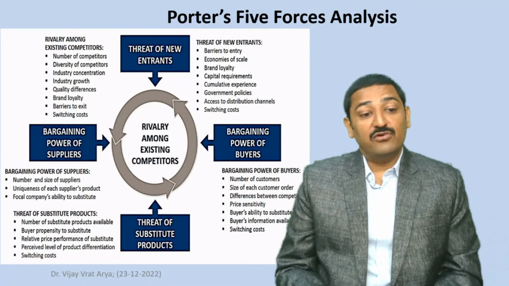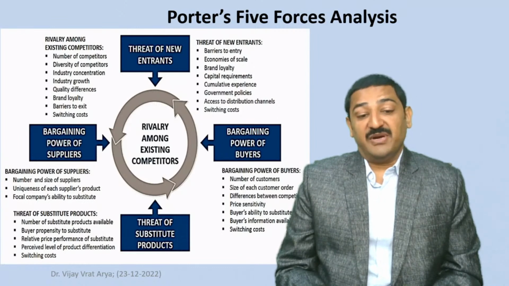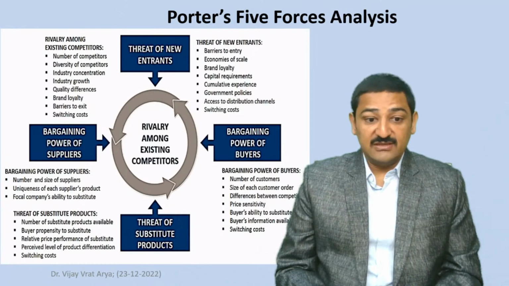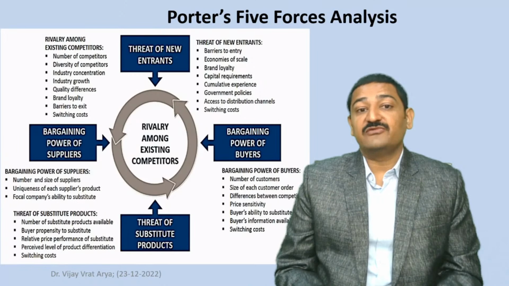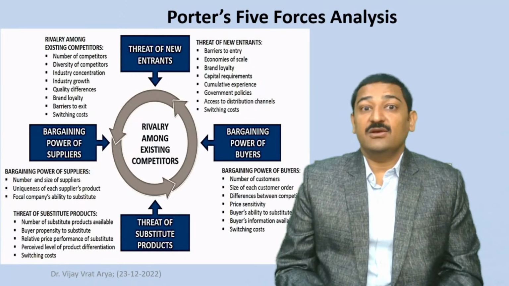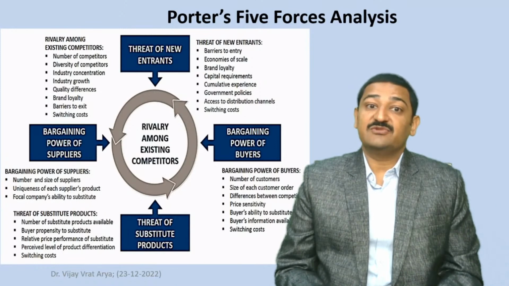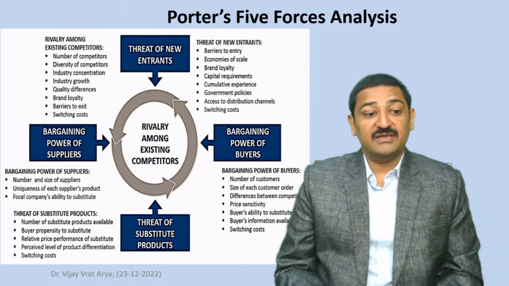Apart from that, the focal company's ability to substitute is also considered under this head. The position of substitute products is also considered as a threat. So, the availability of the substitute product, the quality of that substitute product, and the pricing of that substitute product are some of the variables which are considered under it.